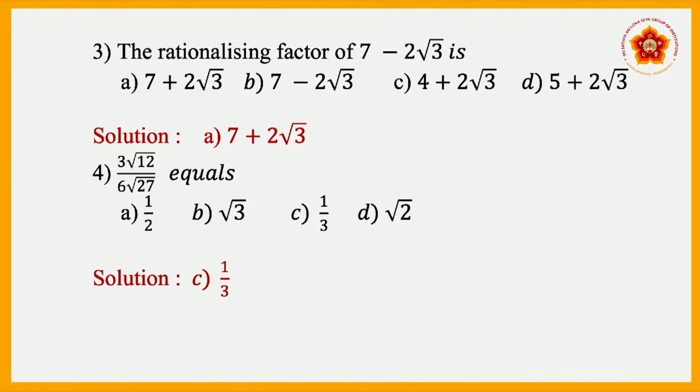If you are right, put a correct mark. Fourth problem, 3 square root of 12 upon 6 square root of 27 is equal to, the correct option is C, that is 1 upon 3.